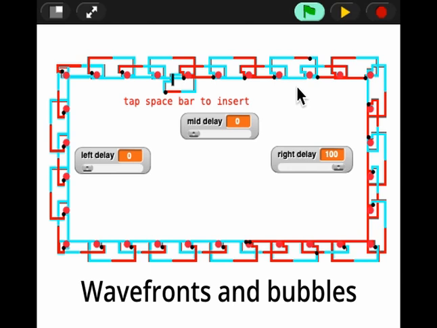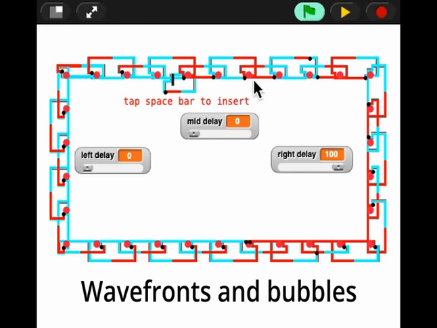An oscillation network can contain a red wavefront, a blue wavefront, a red bubble, or a blue bubble. And what it contains is determined by its input olive behavior. If the output of the olive behavior is blue and the closure input of the olive behavior is blue, the oscillation network contains a blue wavefront.